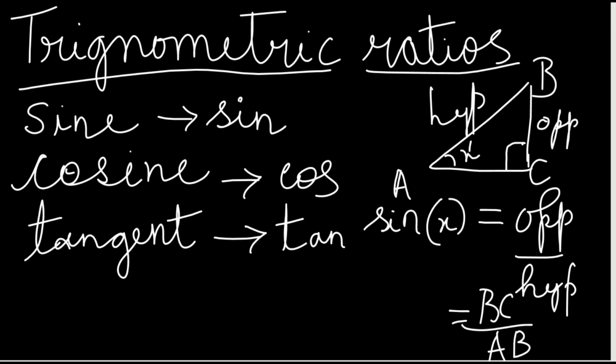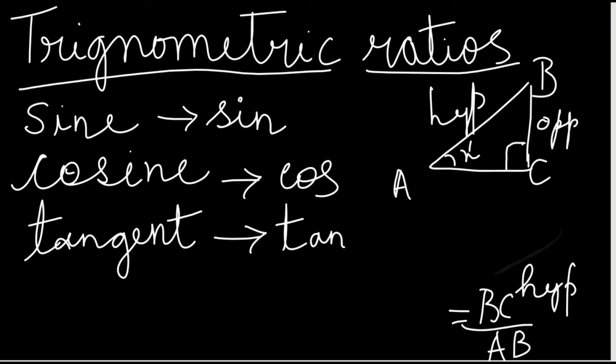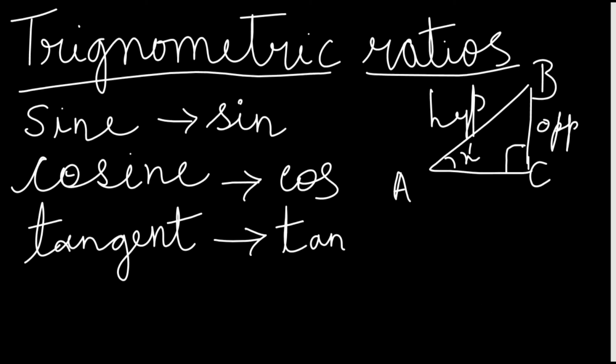This is sine. In the same way we can write cos of X. Cos of X is equal to the adjacent side. X is an angle having an adjacent side of AC.